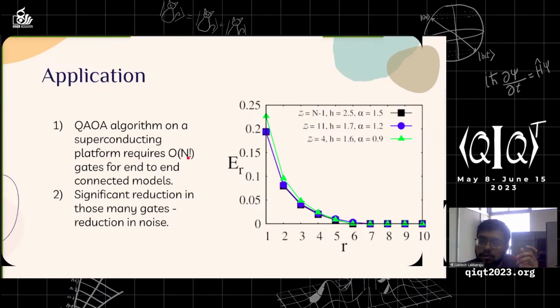It is well known that if you increase the number of connections, or if you increase the depth of the circuit, errors keep piling up, and it is very hard to get any meaningful result on such a platform.